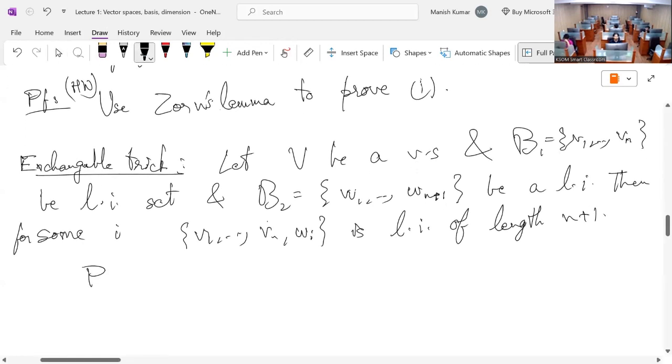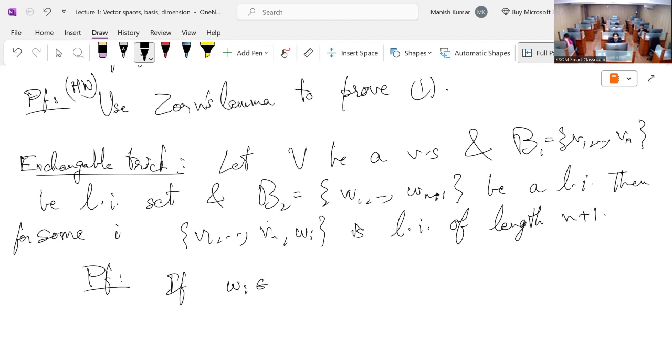So how do you prove this? The point is, if any of these Wi's does not belong to the span of V1 to Vn, then we are done. We take that Wi and it will become linearly independent.